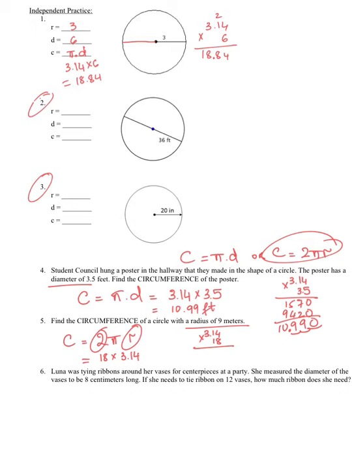I'm gonna do that first, because a whole number will be easier than a decimal. So radius is 9, double it is 18, and multiply with 3.14. You can pause the video and multiply them. After multiplying, I have 56.52 meters.